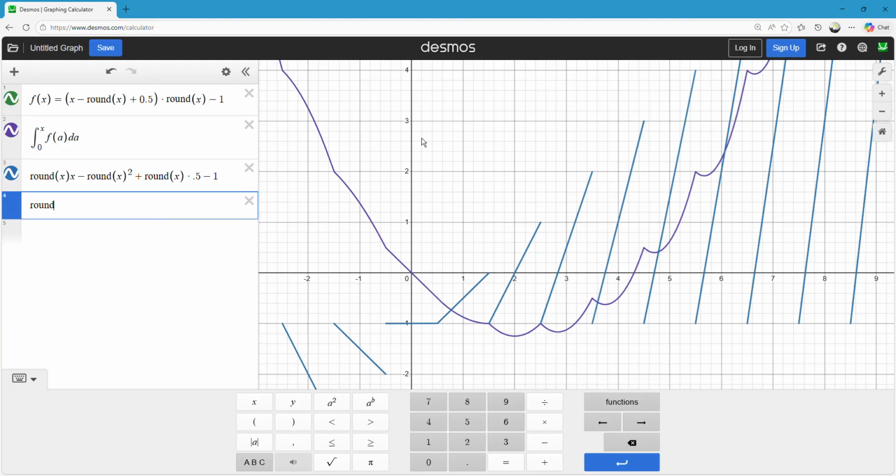Okay. First guess is this would be divided by 2. Get 0.5 of x.